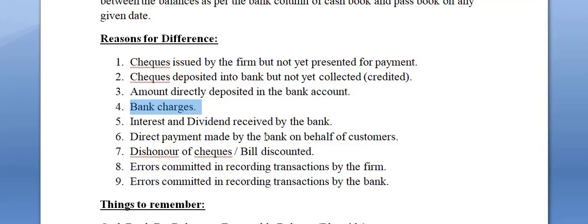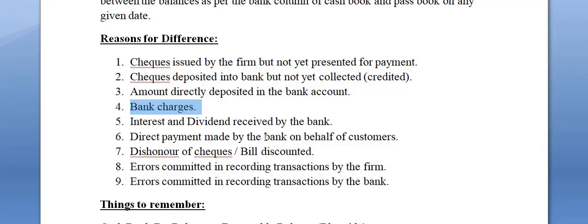And for the service of ATM, they may charge some amount of annual fee from your account. The money will be decreased from your account, so the same may not be recorded in the cash book. In that case, you may find a difference between the passbook and cash book. Now, point number five, interest and dividend received by the bank.